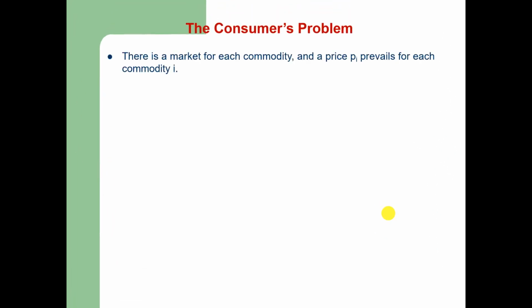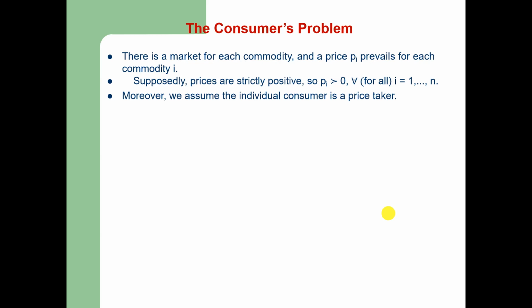There is also a market for each commodity, and a price Pi prevails for each commodity i. So the consumer faces Pi for each commodity, or P vector in case of n commodities. Supposedly prices are strictly positive, so that Pi is greater than 0 for all i varies from 1 to n goods.